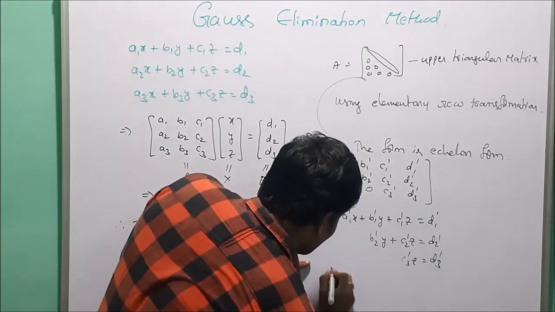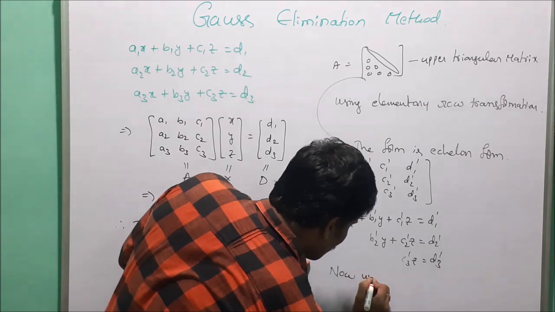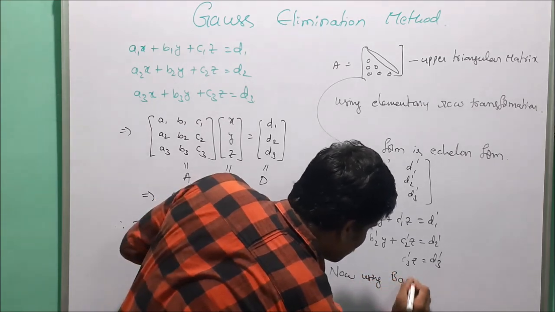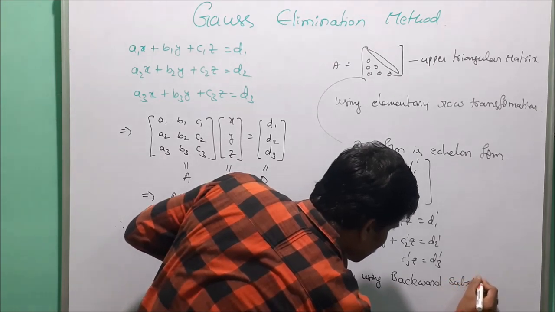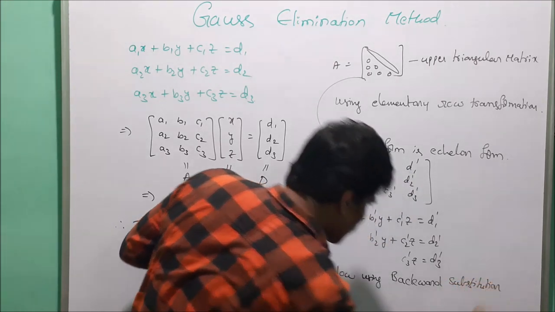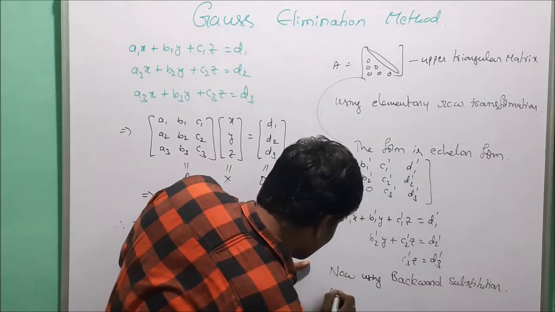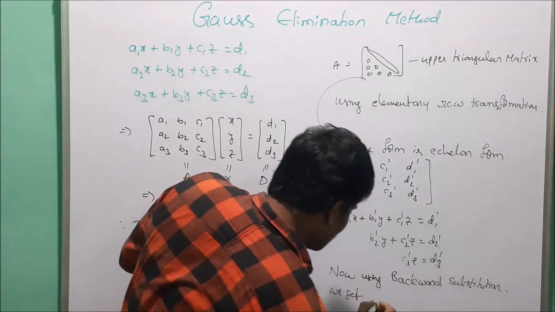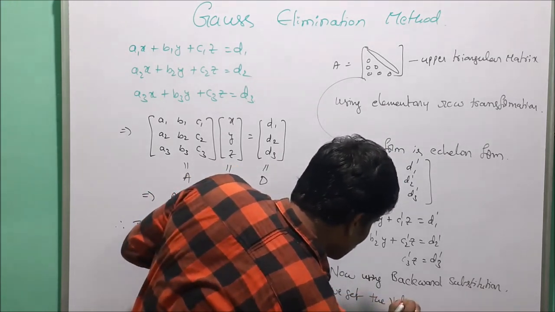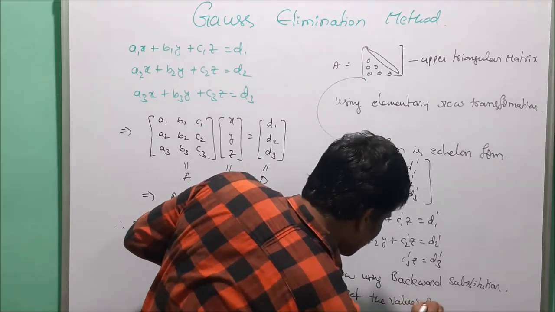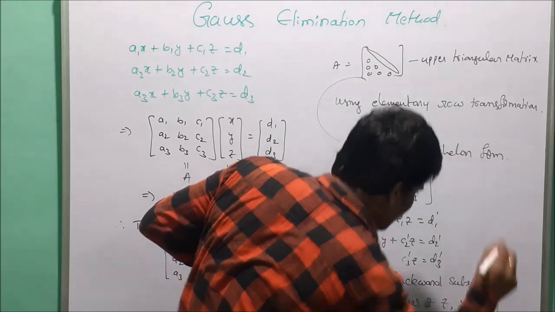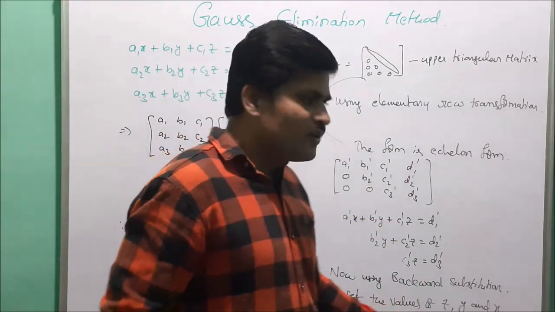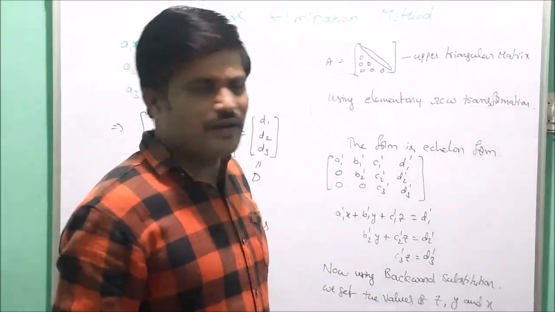Using backward substitution, we get the values of z, y and x. So this is the solution of the given system.